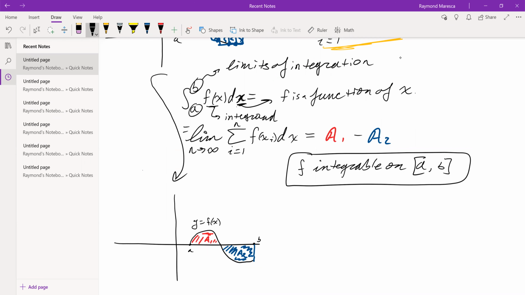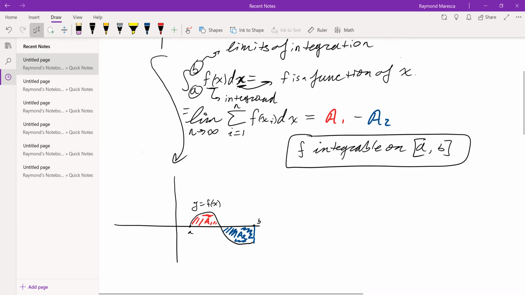We call this the definite integral, and we use the definite integral to compute the area underneath the curve. But when the curve is not necessarily non-negative, then we end up getting the area above the x-axis minus the area below the x-axis, and that's called the net signed area.